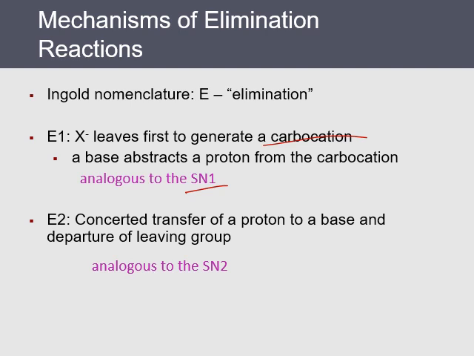So that's E1. Now E2 is analogous to SN2. Instead of a nucleophile attacking the carbon from the back, here the base directly attacks the hydrogen adjacent to the carbon-halide, and the leaving group leaves simultaneously to give you the product. So we'll see more in detail.